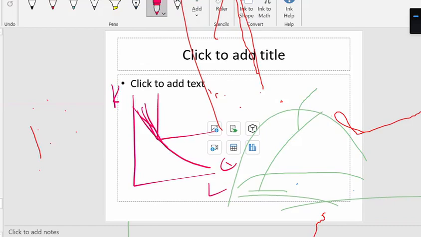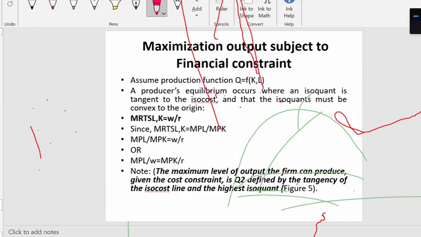If the ISO cost is tangent to it, somewhere there we can maximize profit. If the ISO cost is tangent to the ISO quantity, then there we are doing what is called profit maximization. So a producer equilibrium occurs where the ISO quantity is tangent to the ISO cost, and the ISO quantity must be convex to the origin.